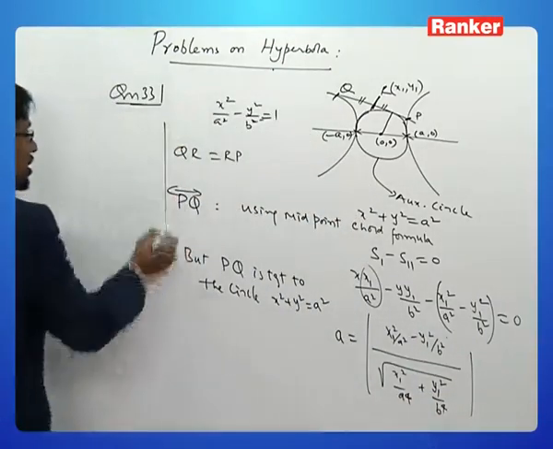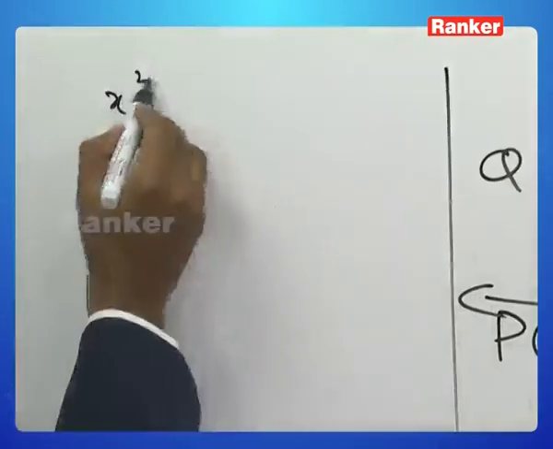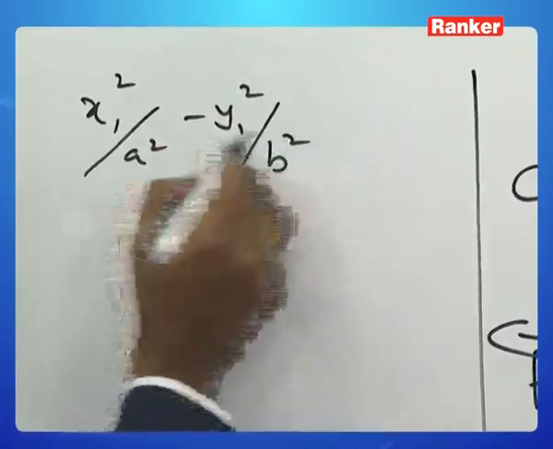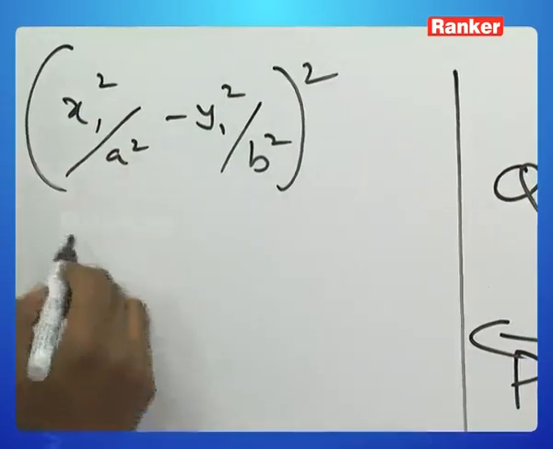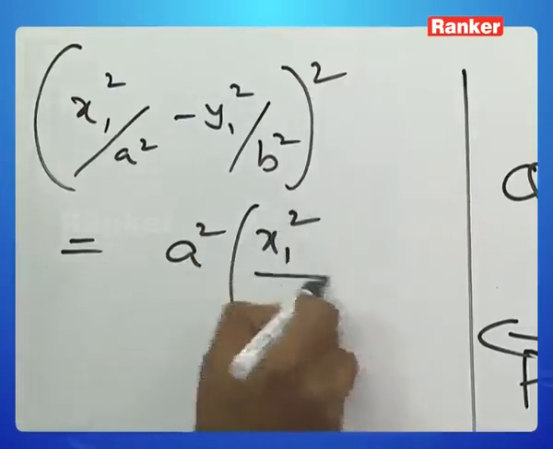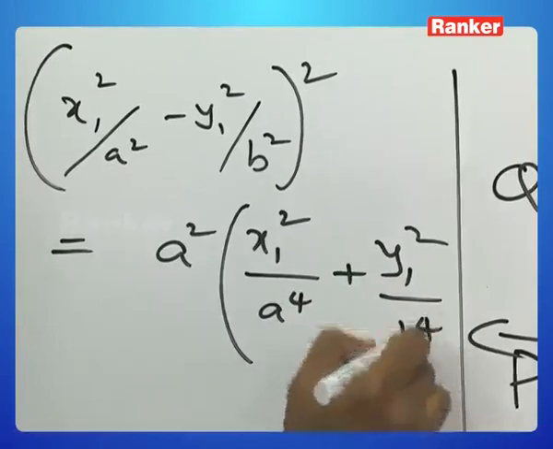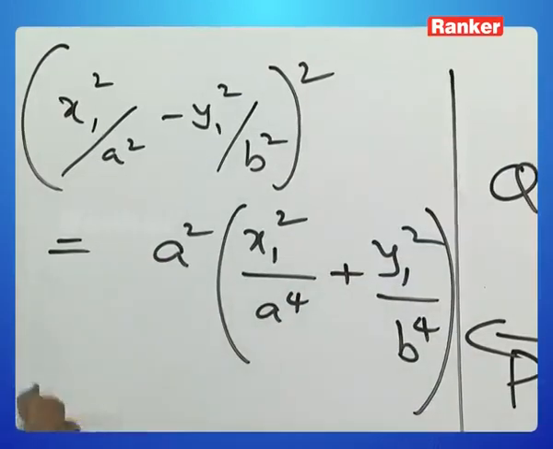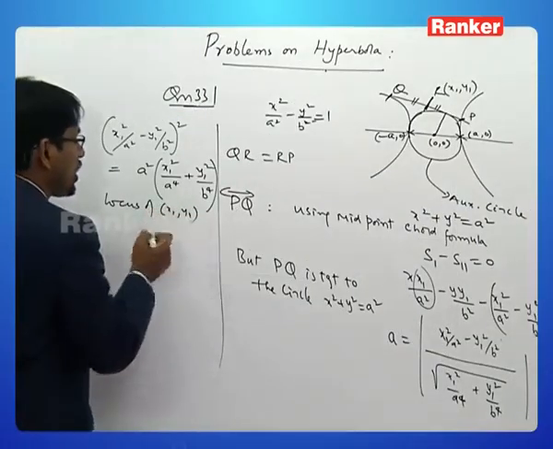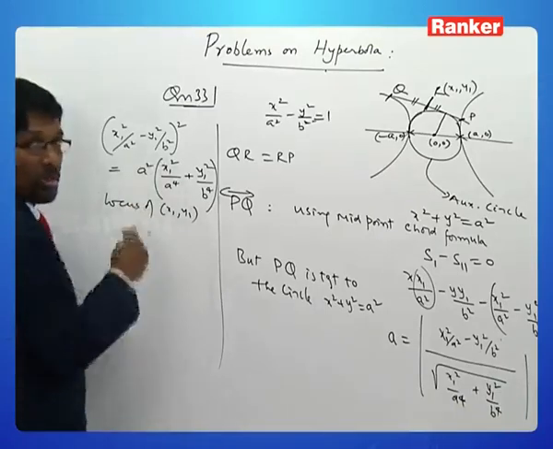Now we'll square both sides. What do we have? x1 square by a square minus y1 square by b square, the whole square, is equal to a square into x1 square by a power 4 plus y1 square by b power 4. Now we wanted the locus of x1 comma y1, so what you need to do is replace x1 y1 by the general coordinates.